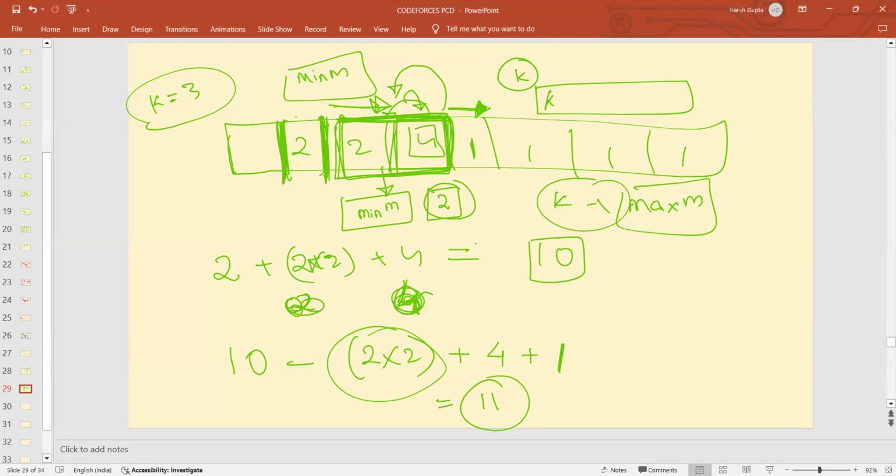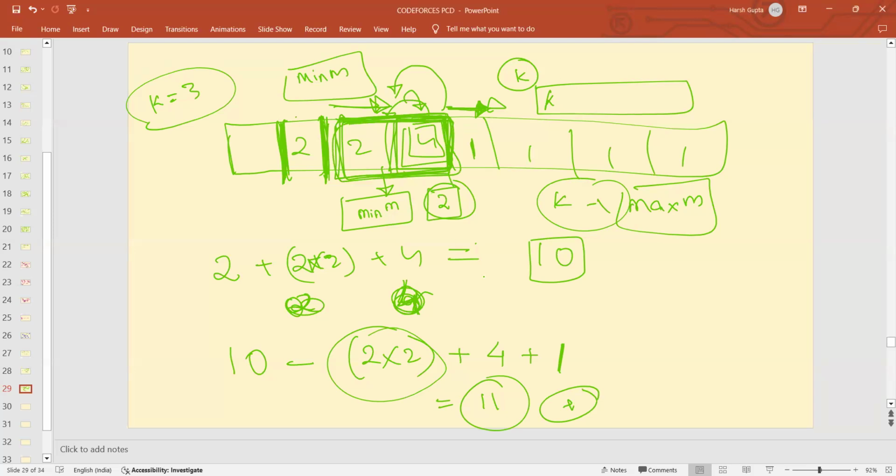Since you want to maximize the sum, you add the maximum element that is present towards the right of 4. That is the last index that you chose in these k minus 1 elements. Towards the right of that, whatever is the maximum value, you will simply choose that value as your maximum element. If you do so, you will be able to produce some answer, and either this will be the maximum one or the first one will be the maximum one.